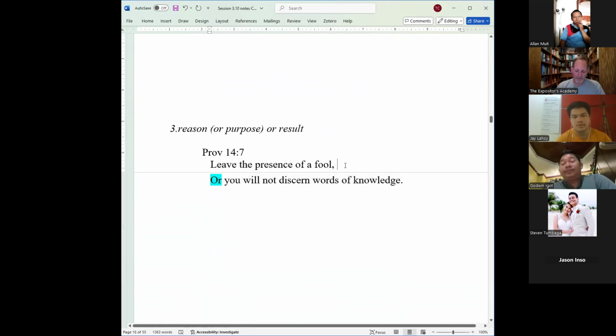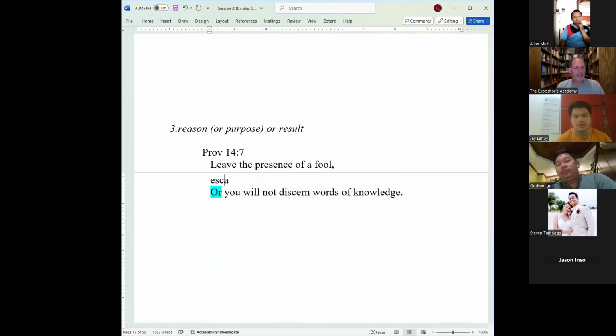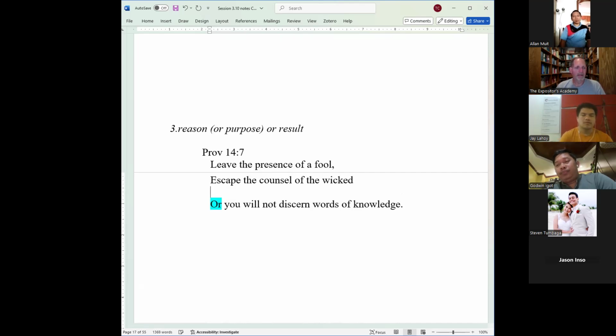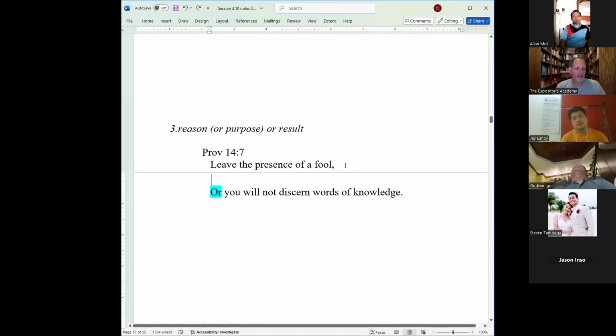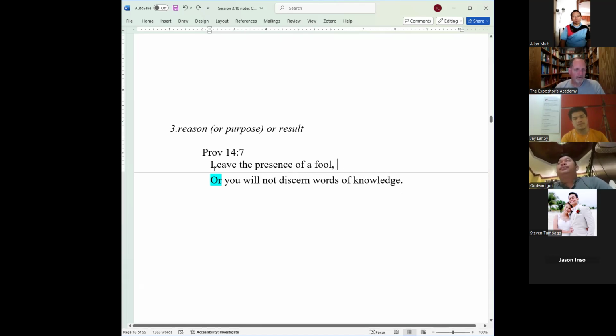He doesn't say leave the presence of the fool and escape the counsel of the wicked, something like that. That would be parallel, similar thought to similar thoughts. Here, he's saying, do this, leave the presence of a fool, or this is going to happen. So that's a reason.